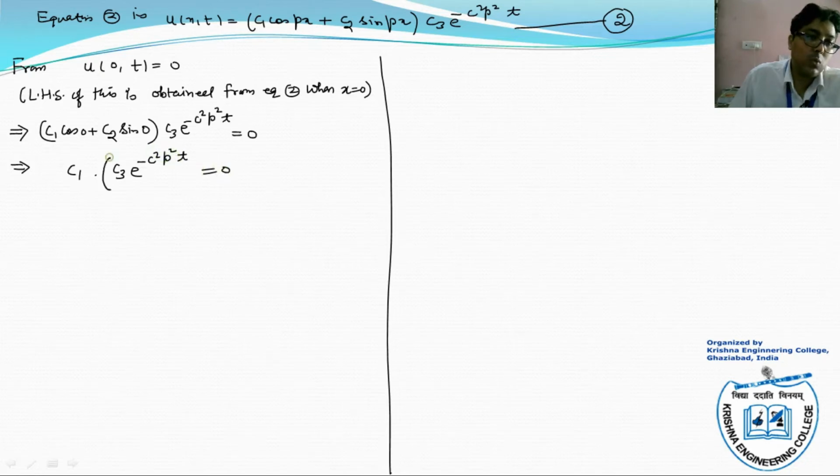is equal to 0. Here there are two terms. The first term is c1, the second term is c3 e to the power minus c square p square t, and the product is equal to 0. We know that the product of two terms is equal to 0 if and only if one of them is 0.